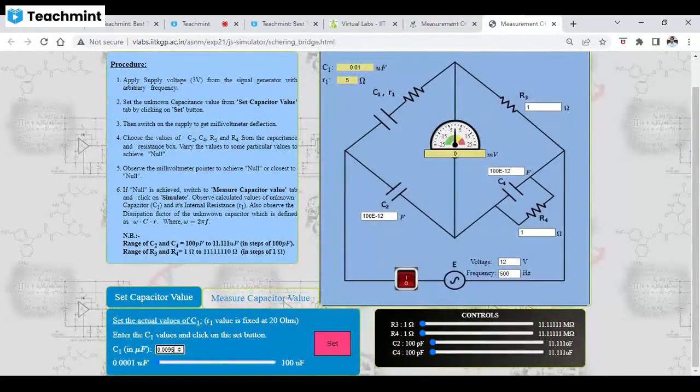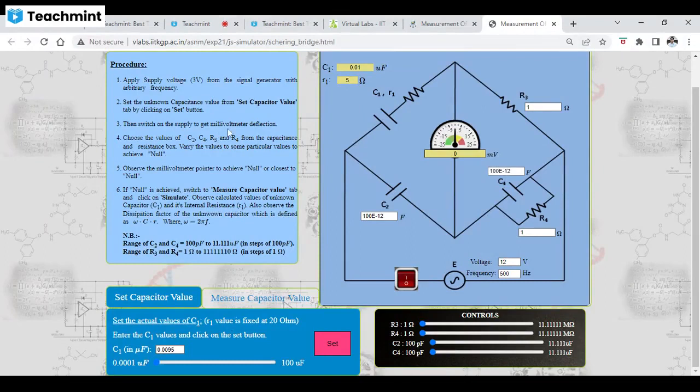Apply the voltage 3 volt from the signal generator and set the unknown capacitance value by this box. From this box we can set the value of the unknown capacitor. Okay.